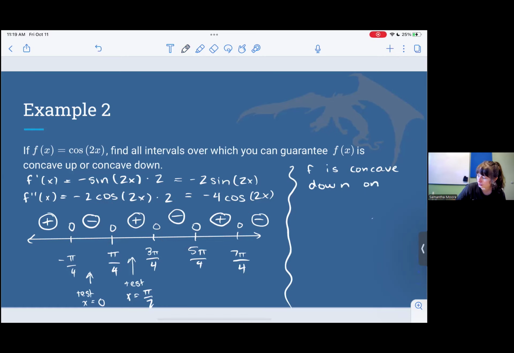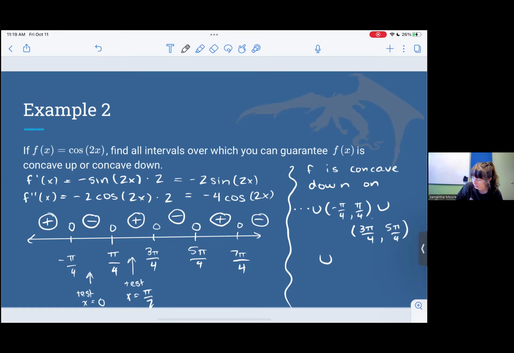I'm going to give enough of the pattern that you're going to be able to see it. So I'm going to have intervals. That's why I'm dotting. So I'm saying the intervals that would happen before this, union, the interval at negative pi over 4 to pi over 4. That's an interval where f double prime is negative. Going to add on the interval from 3 pi over 4 to 5 pi over 4.